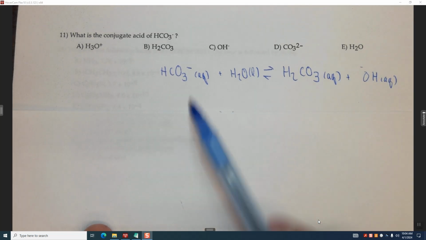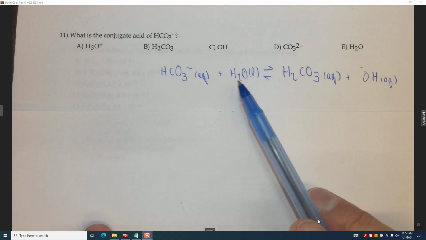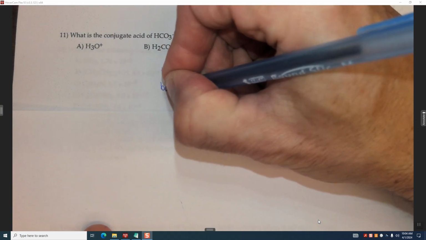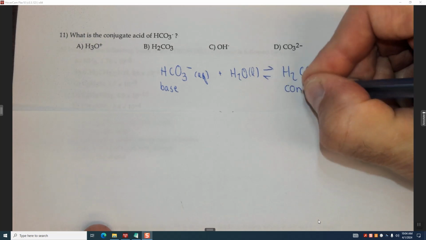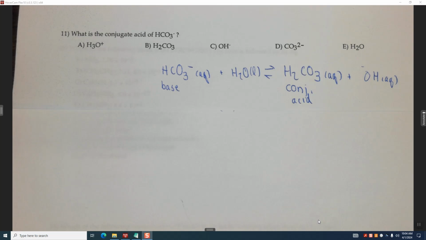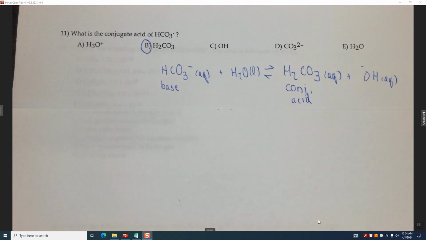So this acts like a base and gains a proton from this. So this is a base, and this is its conjugate acid. The answer here is H2CO3, which is choice letter B.